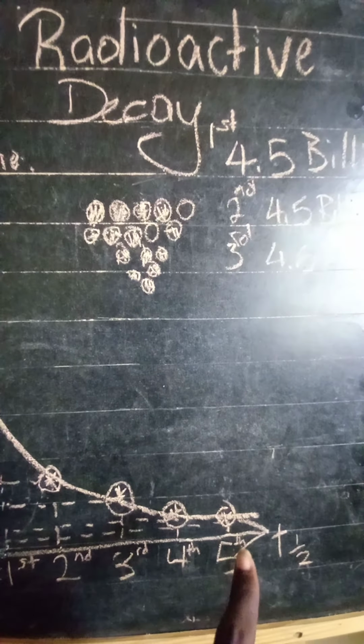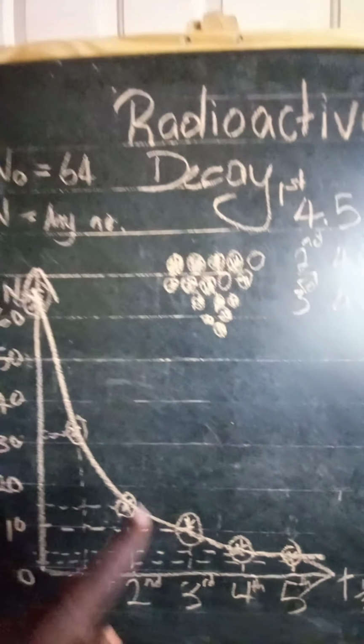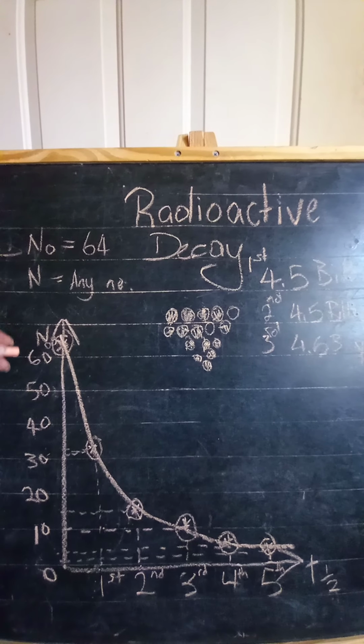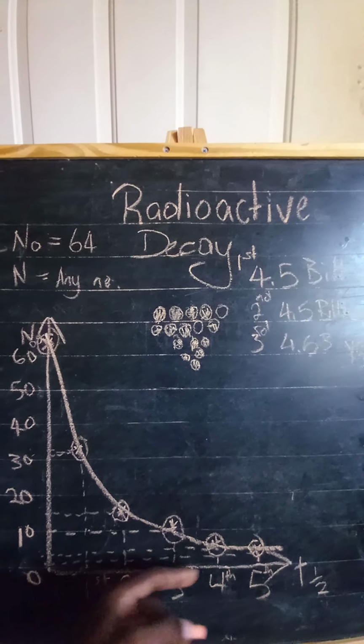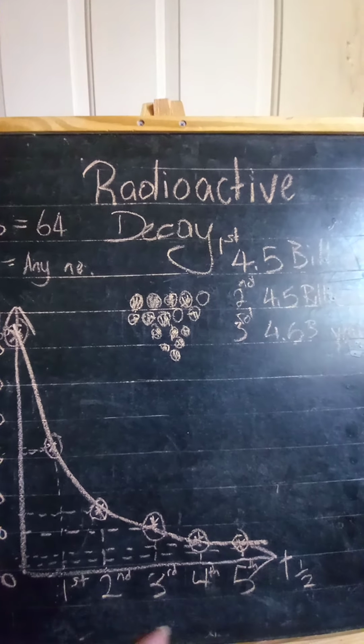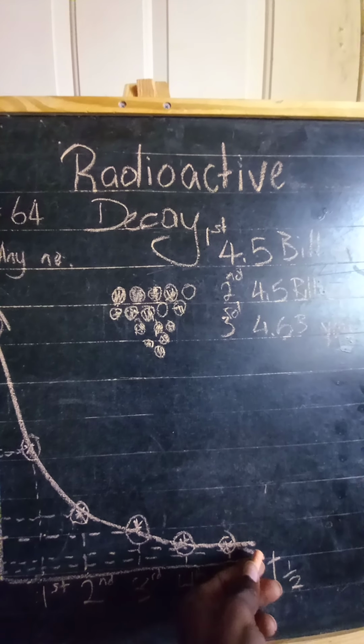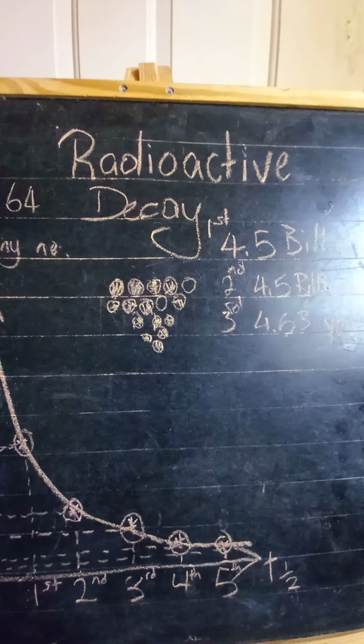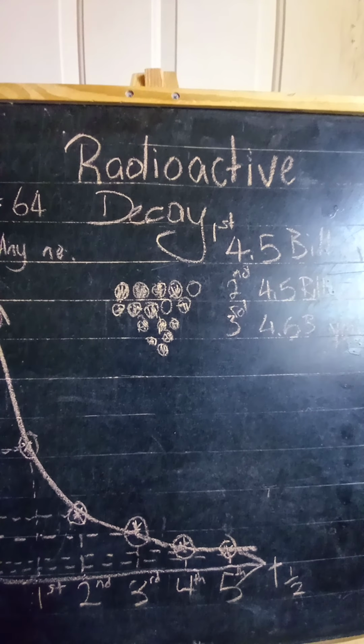But what happens when graphing this information, amount of substance remaining against the half-life? This graph will tend to 0, but it will never reach 0. But realistically, at some point we are going to have 0.